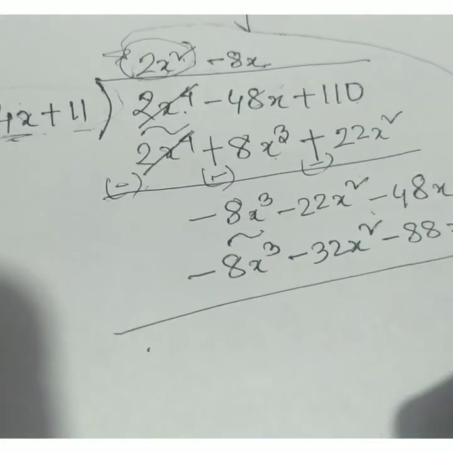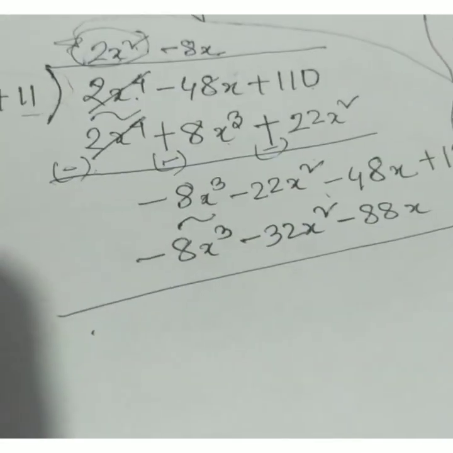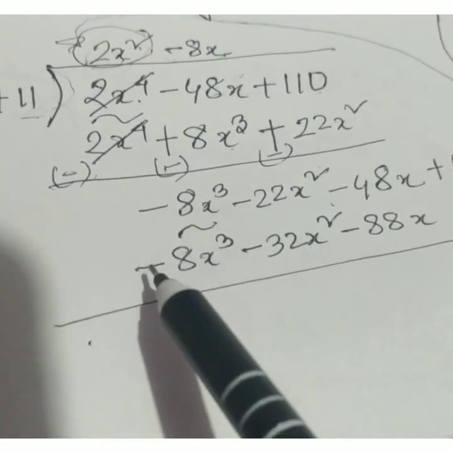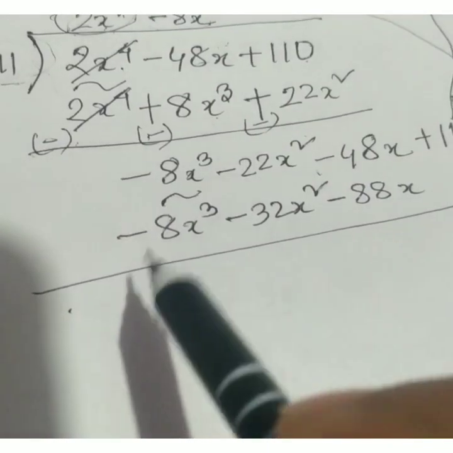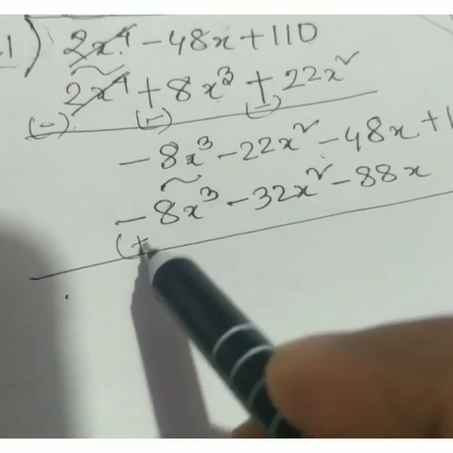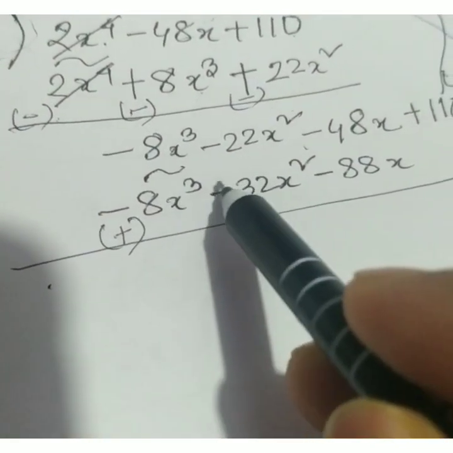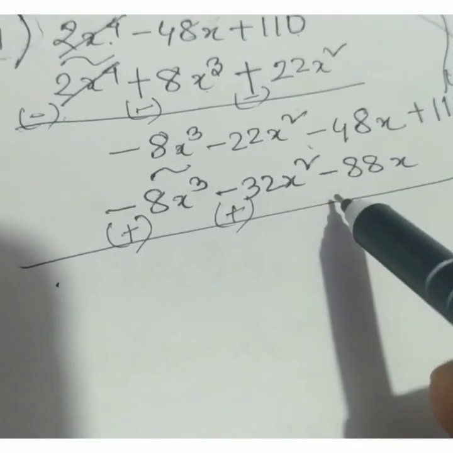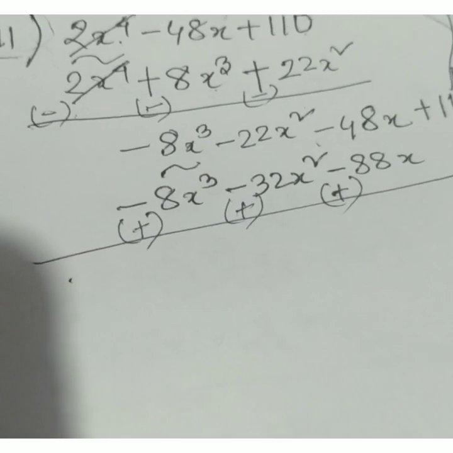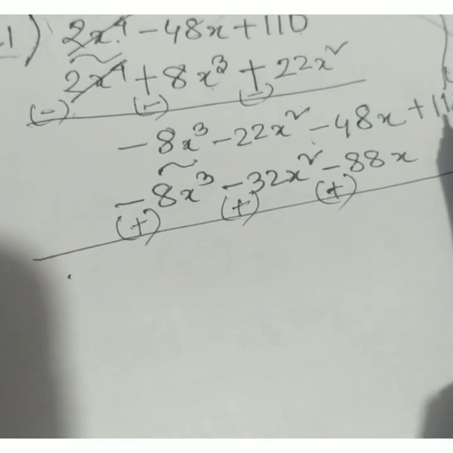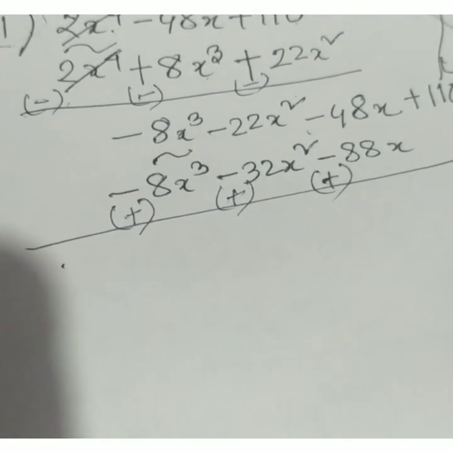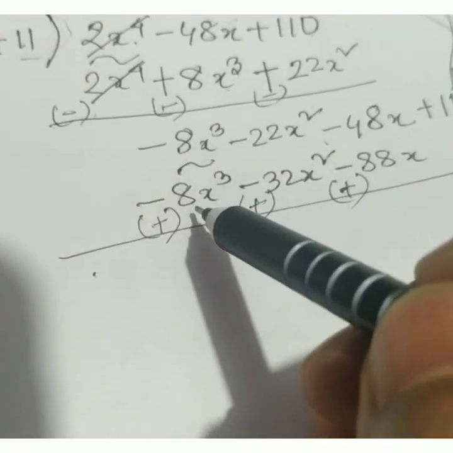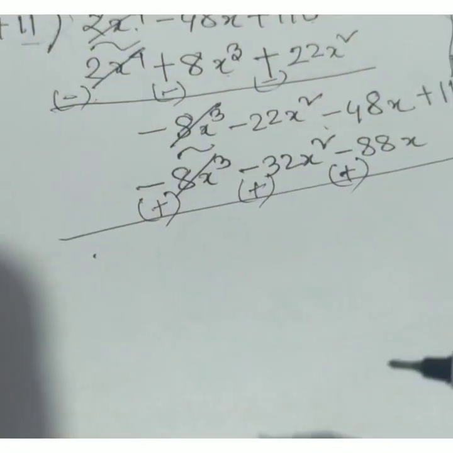Next we draw a line. Now is the time for subtraction. Since I have a minus sign over here, this becomes plus. Since I have a minus sign over here, it also becomes plus. Minus sign over here, it becomes plus. And for this plus 110, it will just sit as it is. So minus 8x³ plus 8x³ cancel out.